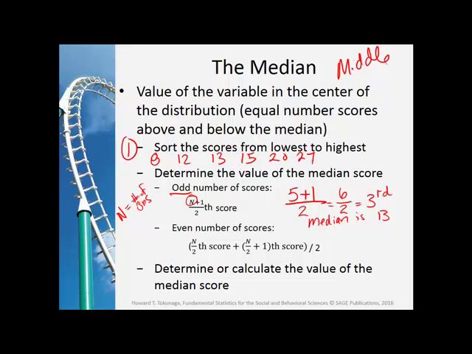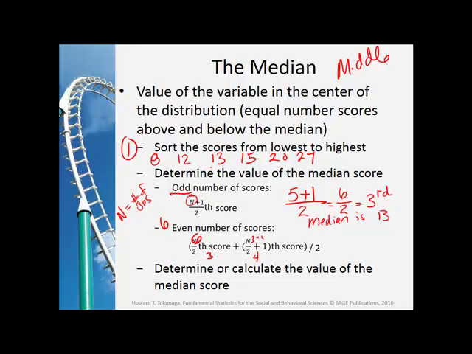So now I have 6 observations. With 6 observations, I'm going to have n divided by 2, so 6 divided by 2, that's the third score, plus 3 plus 1, the fourth score, and I'm going to have to take those 2 scores, add them together, and then divide by 2 to find out what the median value should be.